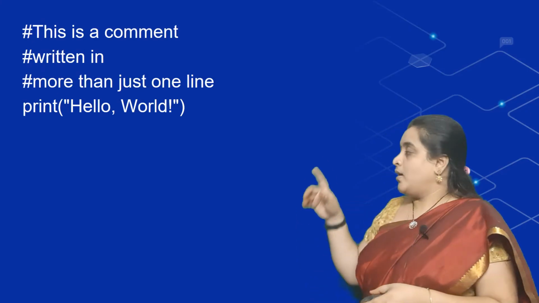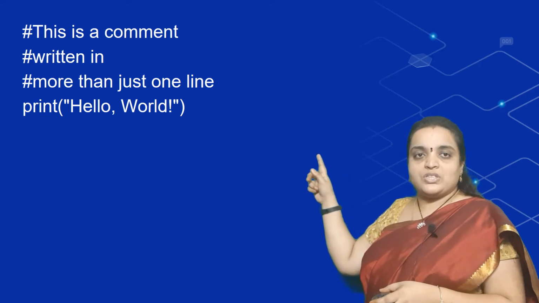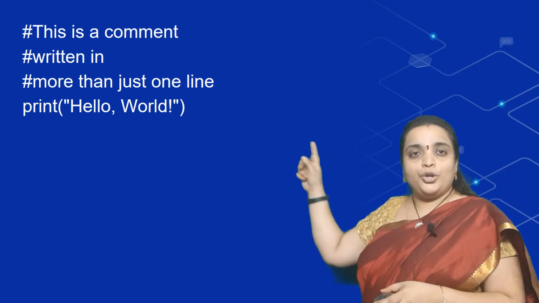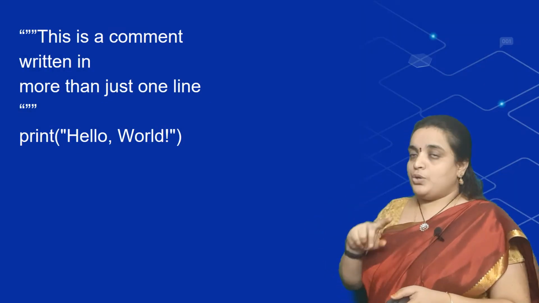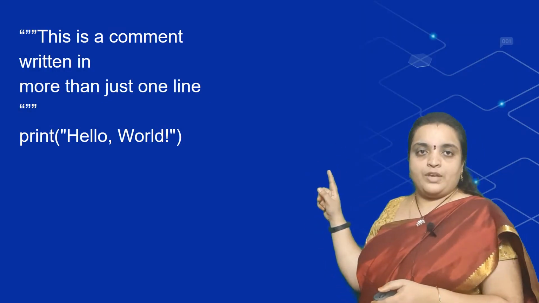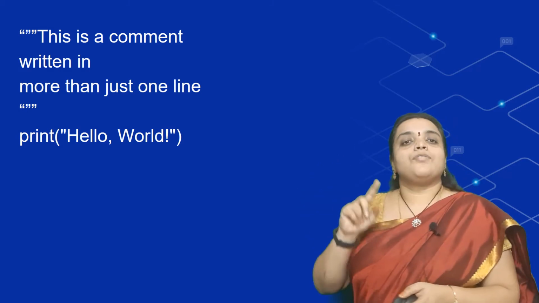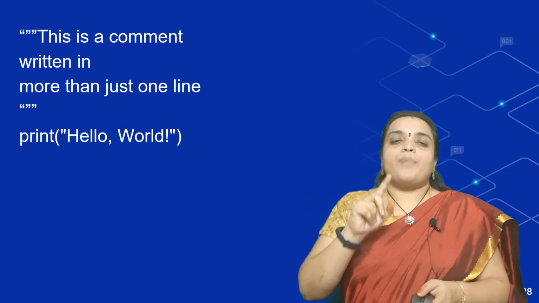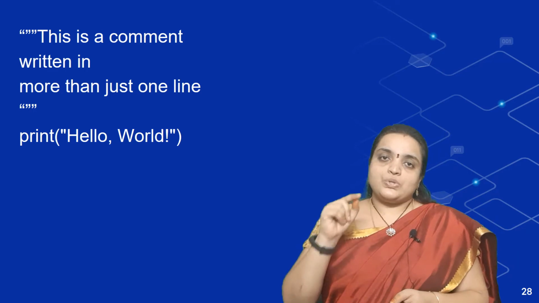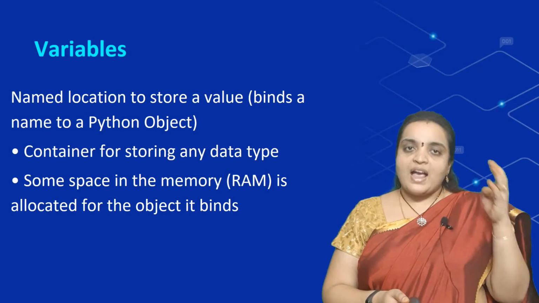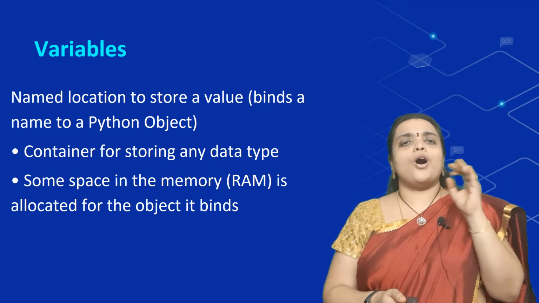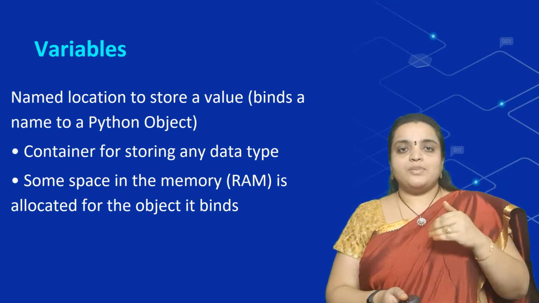This is a hash, multi-line comment, hash, hash, hash. We can use hash multiple times in multi-line comments, or else we use a triple quoted string. If you use a triple quoted string, it will be ignored by the Python interpreter. It is used as a comment section. Is that clear, students? Comments: hash and triple quotes, or we can use hash in multiple statements.